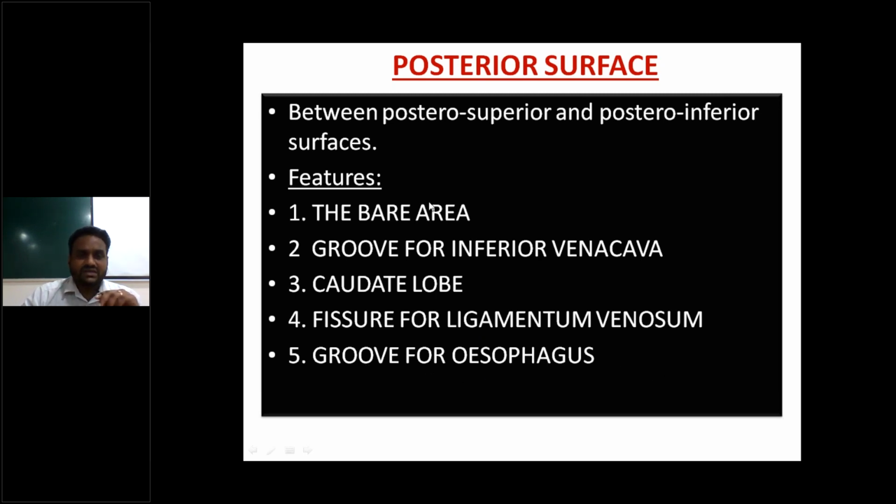So these are the features of the posterior surface. Once again: bare area of the liver, groove for inferior vena cava, caudate lobe, fissure for ligamentum venosum, and groove for esophagus.